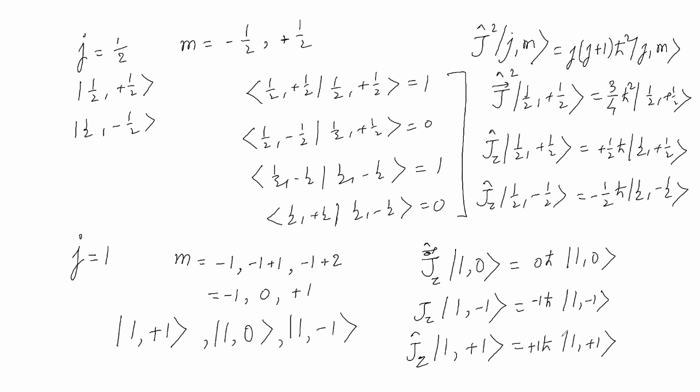Now, this is all about J square and Jz. What about Jx and Jy? Now, that will be my tomorrow's lecture. See, what is J plus? J plus is Jx plus i Jy, and J minus is Jx minus i Jy.